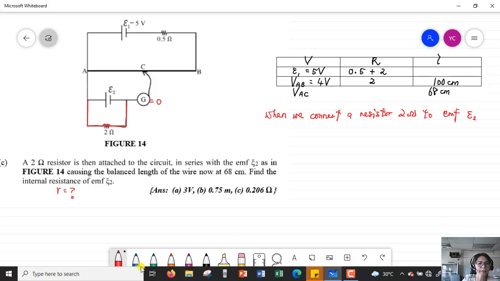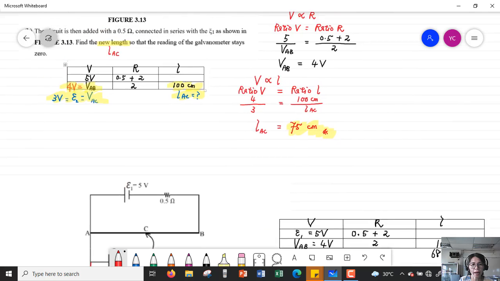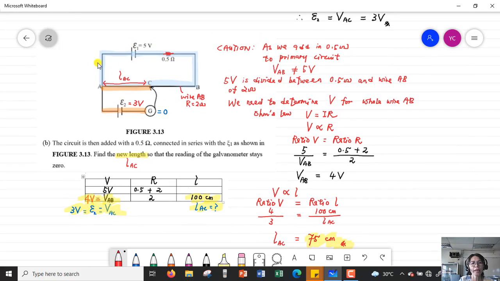Then we will find that when our G reaches 0, the voltage across AC is not equal to the EMF of the battery. We cannot say the voltage across AC equals the EMF of the battery, as we stated in the previous question. In the previous question we said when G reaches 0, the voltage across the balance length is equal to the EMF of the battery.